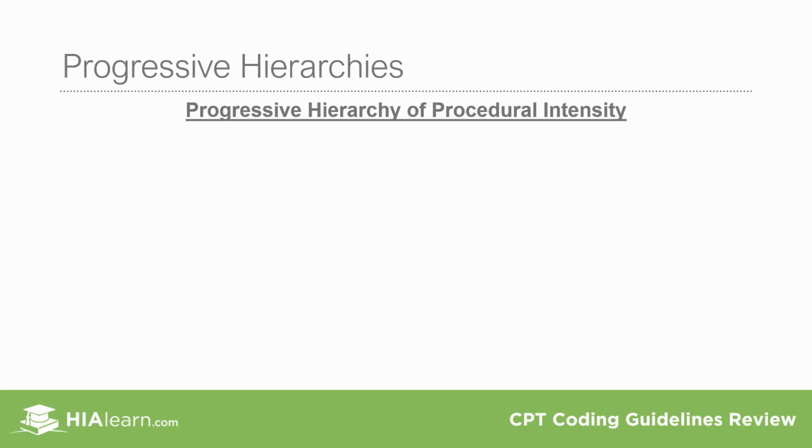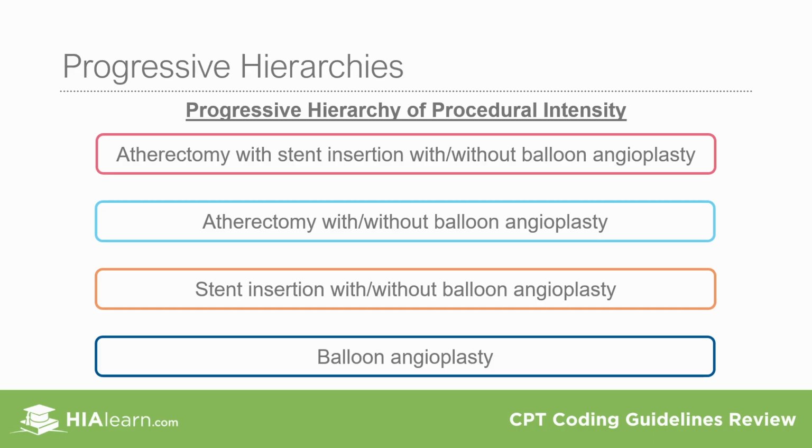These codes report three types of revascularization therapies: transluminal angioplasty, atherectomy, and stent placement. The procedures may be performed alone or in combination with one another. For endovascular revascularization codes, this is the progressive hierarchy of intensity based on complexity of service. Note that balloon angioplasty is included in all procedures of higher intensity and is not separately reportable when performed with another service.